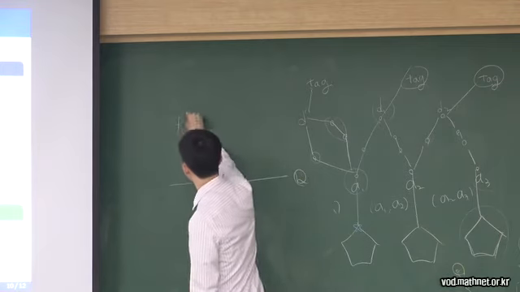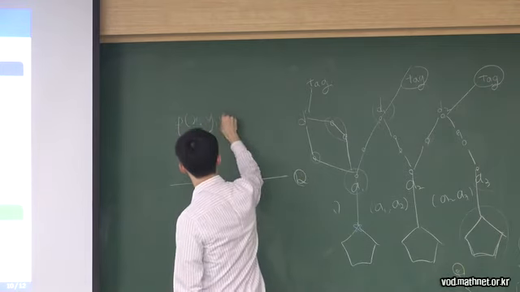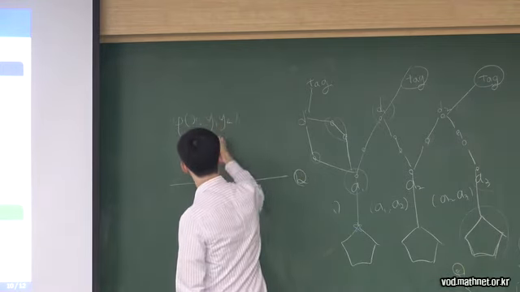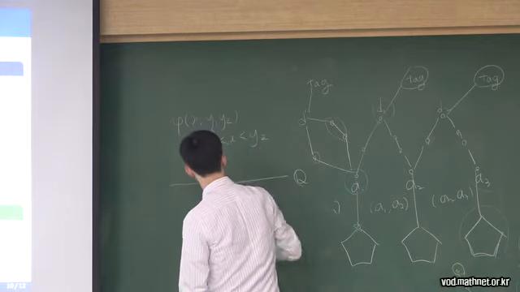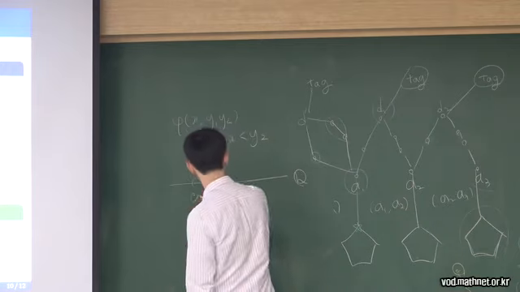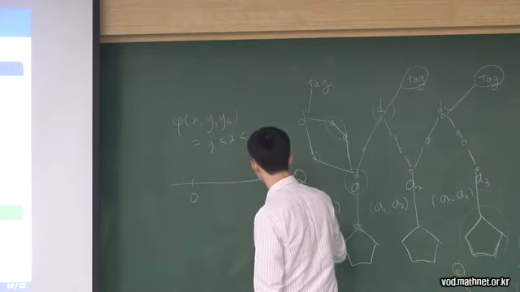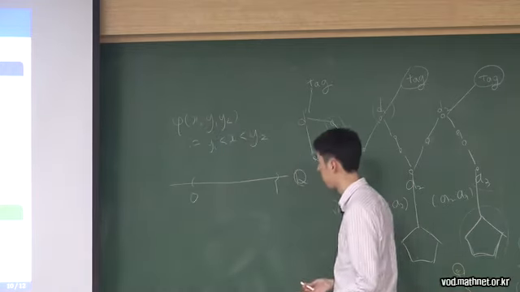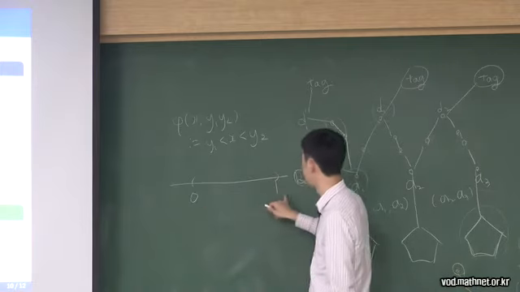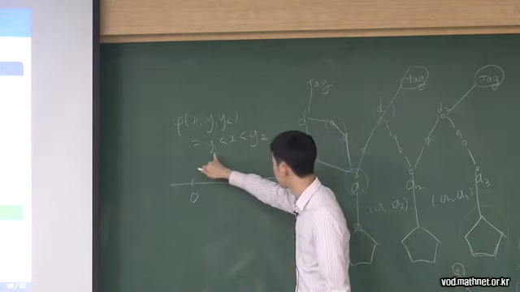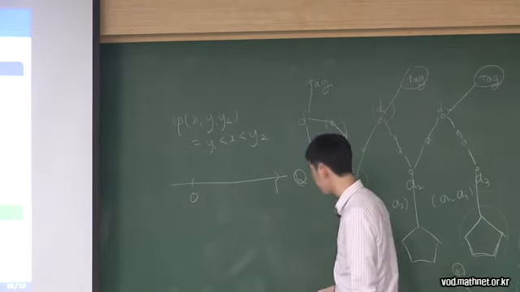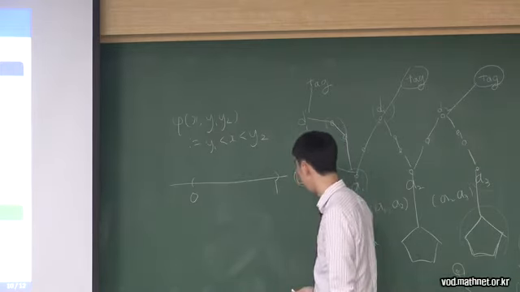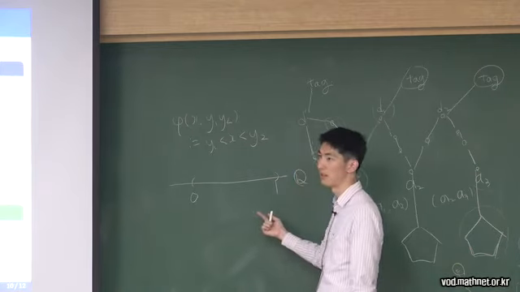I will write down the phi in the upper side. If you plug 0 and 1 into y1 and y2, you have a simple open interval from 0 to 1.